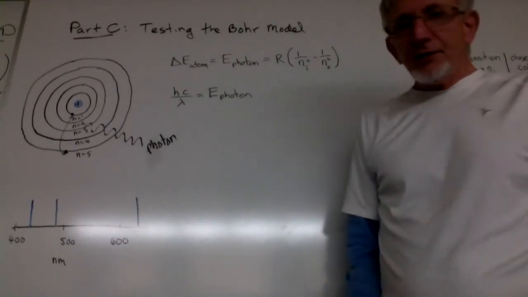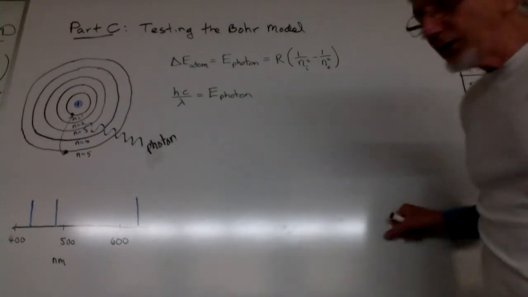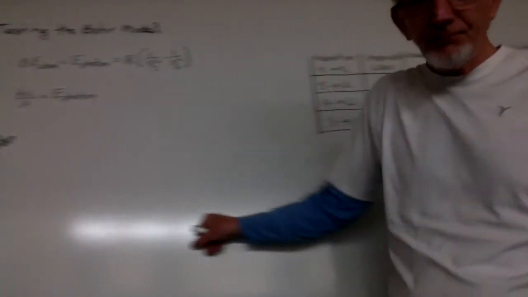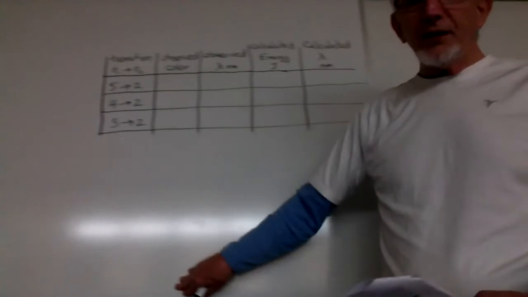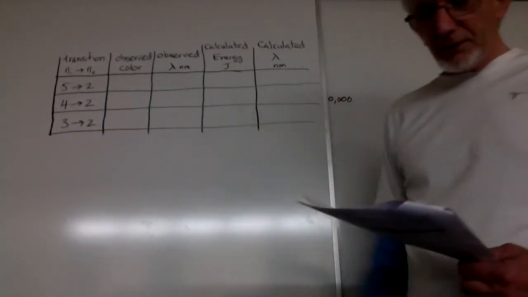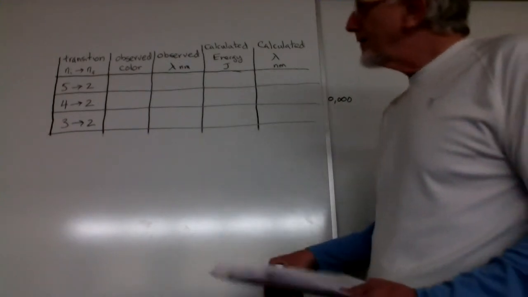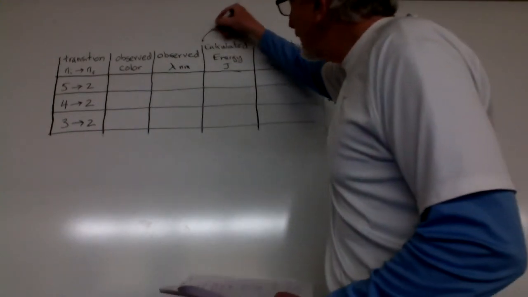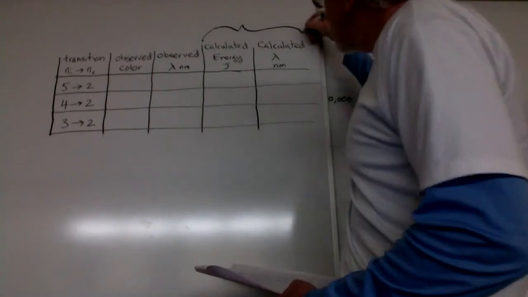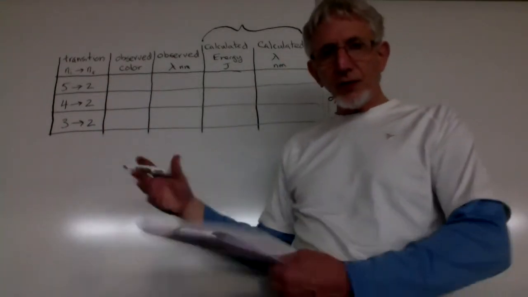Okay. So we're going to test this. And the first thing you want to do is look at Table 1 in your lab protocol, and it looks something like this. And you're going to fill in this table. Now, these last 2 columns, you're going to fill in by doing calculations using the Bohr model's equations.